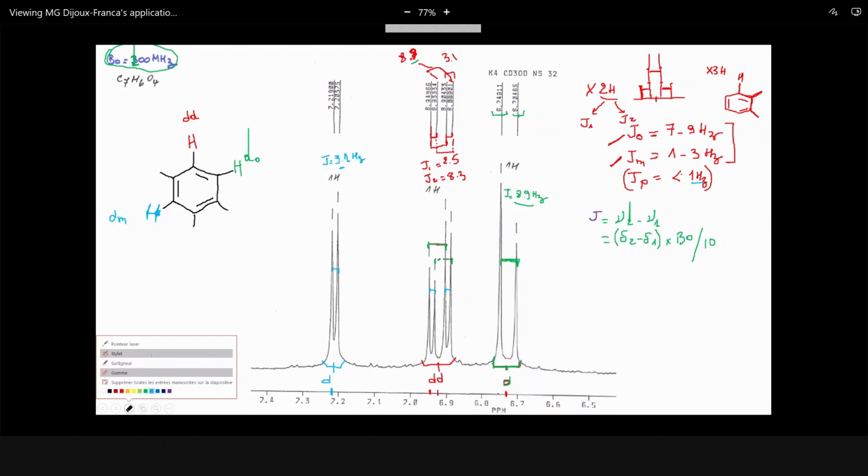Now, when we look at the formula and we compare with what we have drawn yet, the aromatic ring is 6 carbon, and we said that we have only 3 proton on the aromatic ring. So it is left 1 carbon, 3 hydrogen, and 4 oxygen to complete the structure.